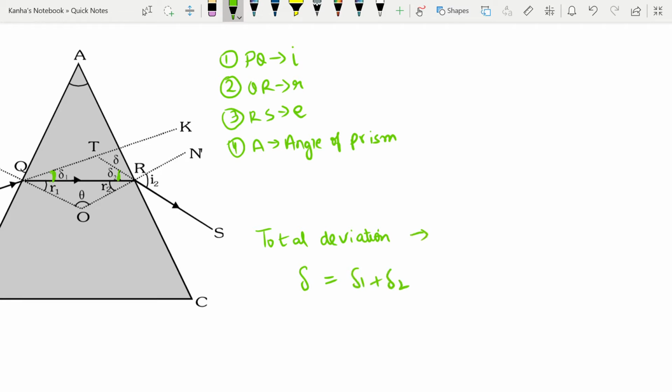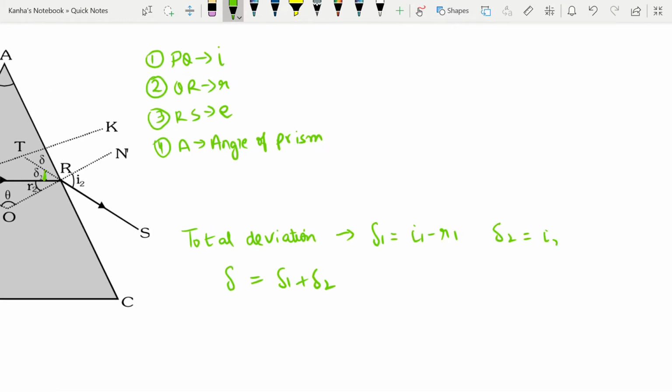Now what is delta 1? I had delta 1 is equal to I1 minus R1. My delta 2 is equal to I2 minus R2. So the total angle of deviation turns out to be I1 plus I2 minus (R1 plus R2).